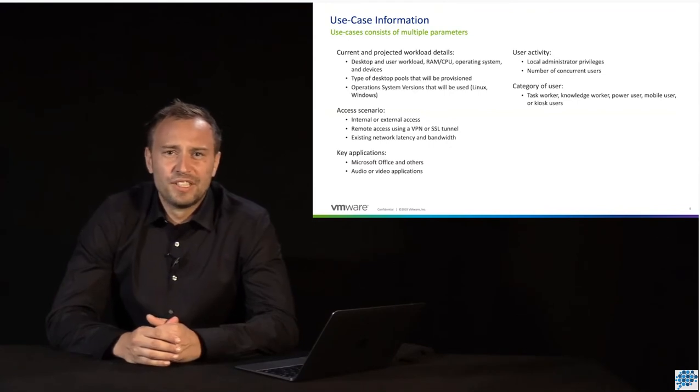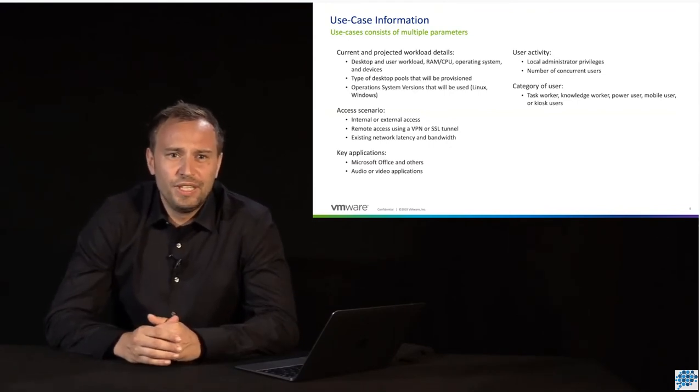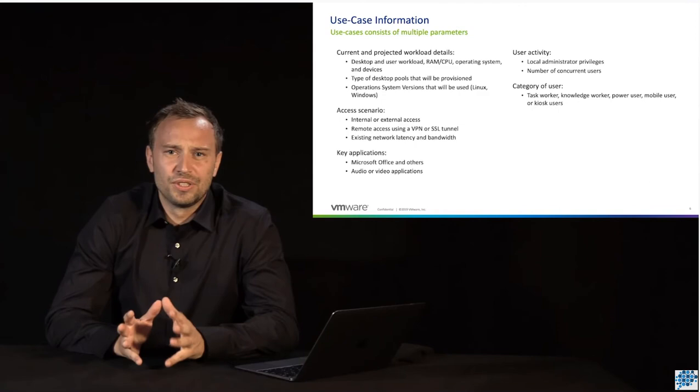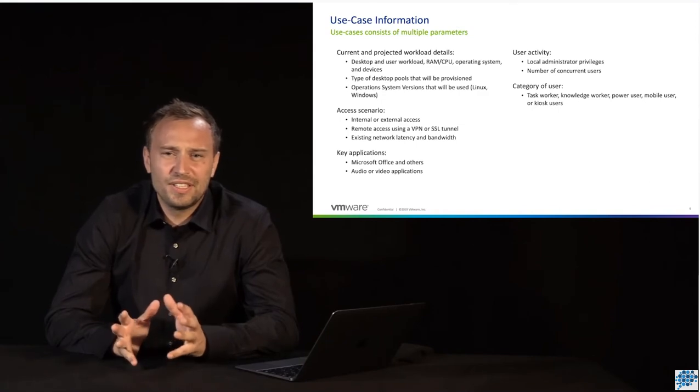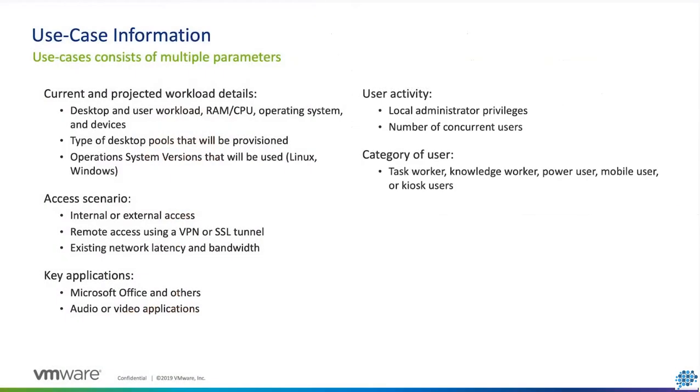So when we create this use case information table, we need to include the current state of the environment. What kind of workload do we add to this use case? Do they need only a low number of CPU and memory resources, only a low amount of disk space, or do they require specific characteristics like 3D virtualization or 3D acceleration, a certain operating system?